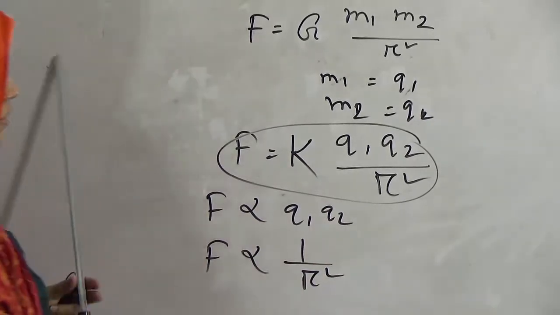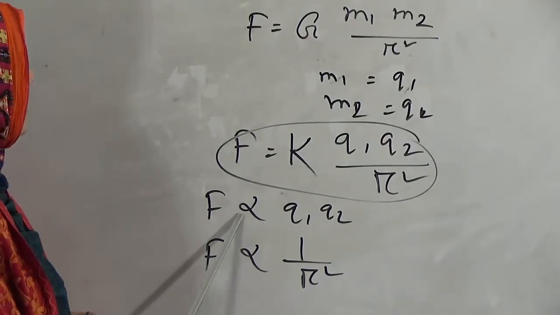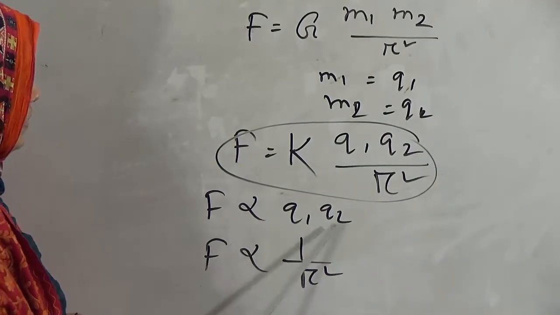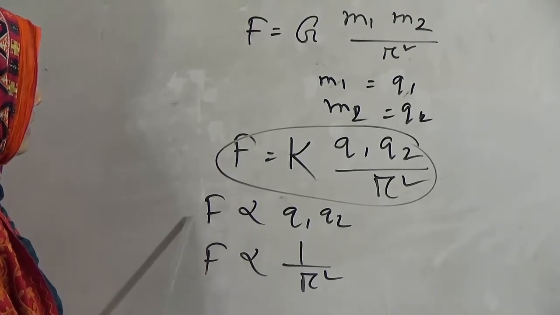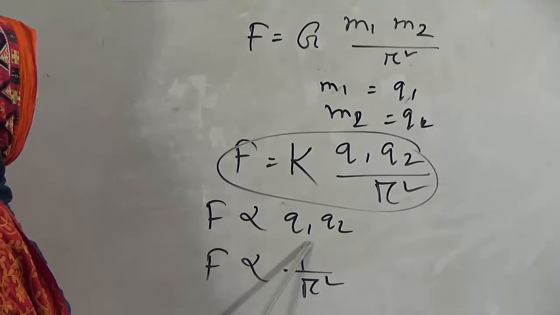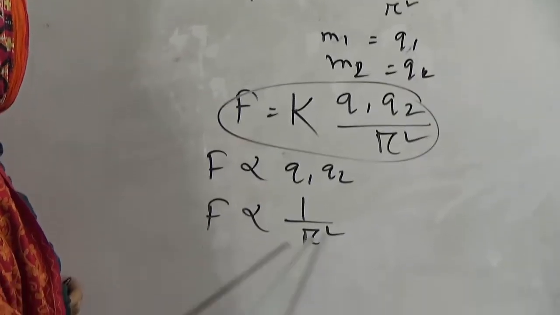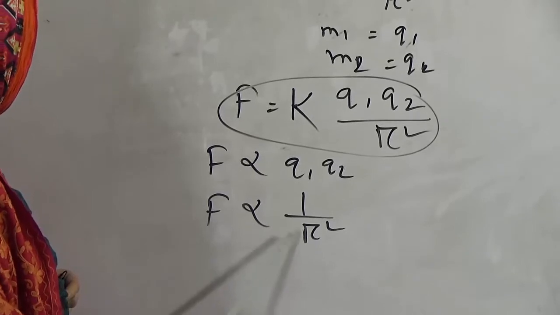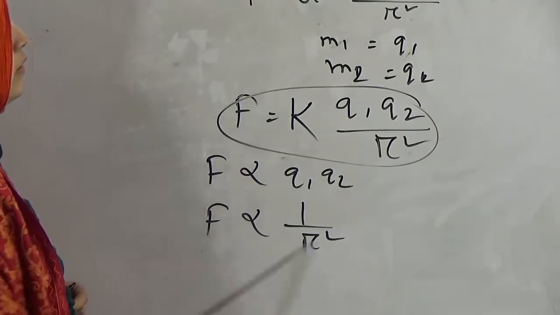So from this formula we can see that the force of attraction or repulsion between two charged bodies in a particular medium is directly proportional to the product of their charges and inversely proportional to the square of the distance. This is Coulomb's law.